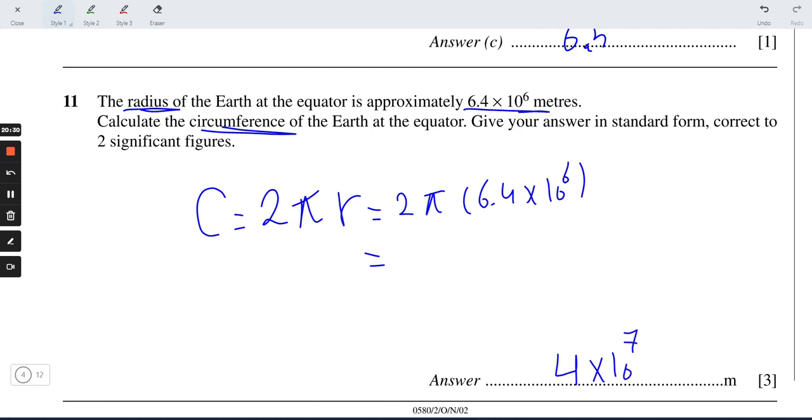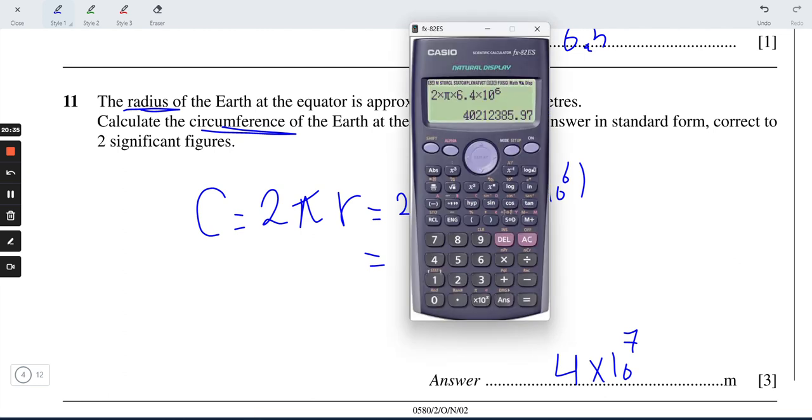You can change it to significant figures by setting the mode of your calculator before your calculation. So shift, set up, then choose scientific figure. How many significant figures do you need in your answer? They need 2 significant figures, so you press 2. It's ready.